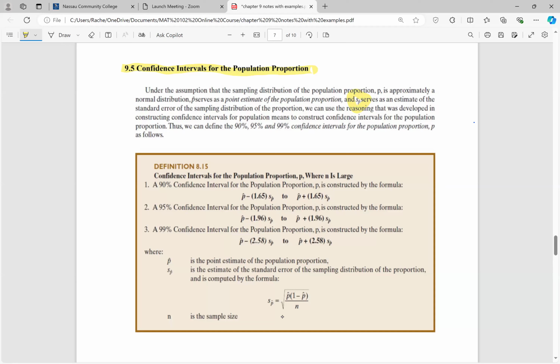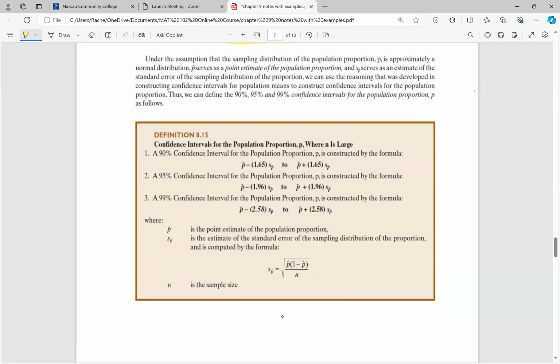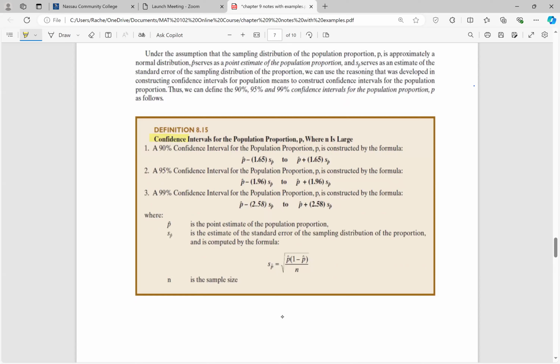The reasoning that was developed in constructing confidence intervals for population means in the last couple of videos is going to follow the same thinking here. So the formula for the confidence interval to estimate P, when we're assuming n times P and n times 1 minus P are greater than 10, so we use a normal distribution, is going to be very similar.